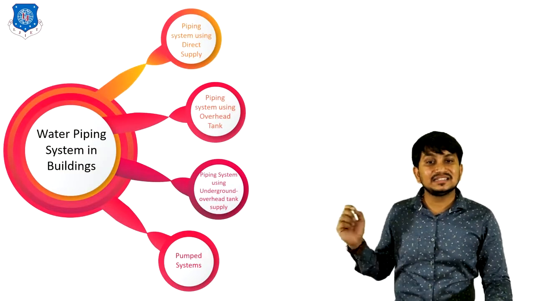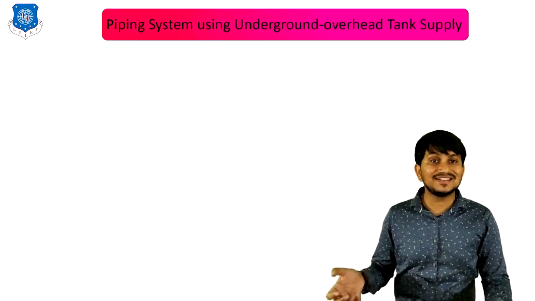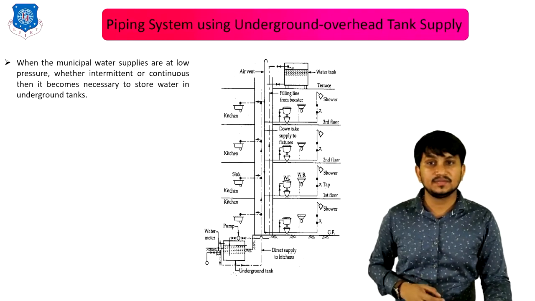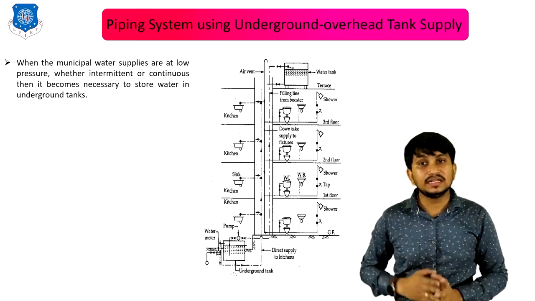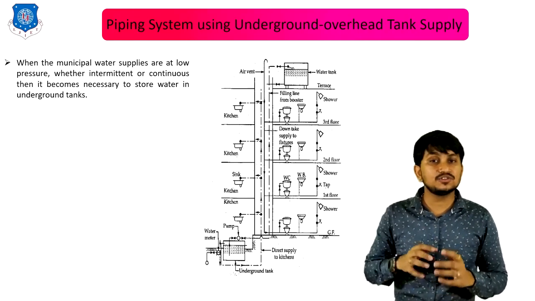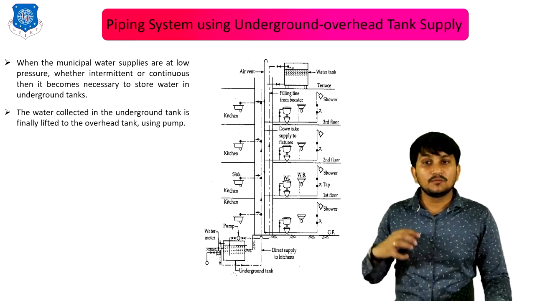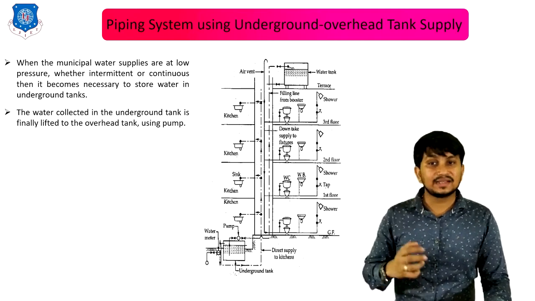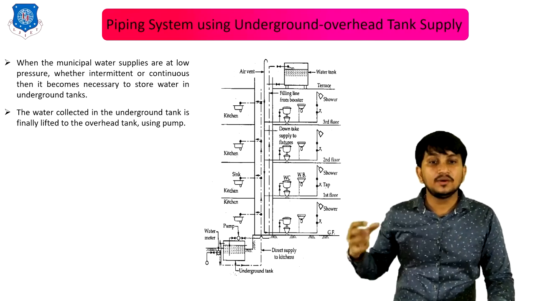Now let's discuss the third piping system, which is using underground as well as overhead tank supply. When municipal water supplies are at low pressure, whether intermittent or continuous, then it becomes necessary to store water in underground tanks also. The water collected in the underground tank is finally lifted to the overhead water tank using pump.